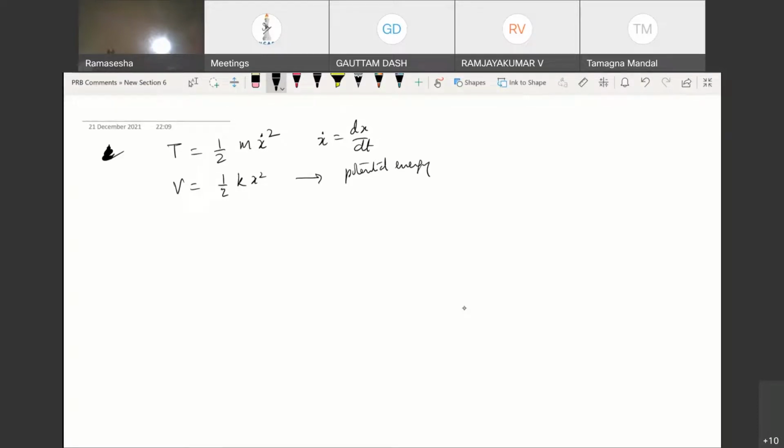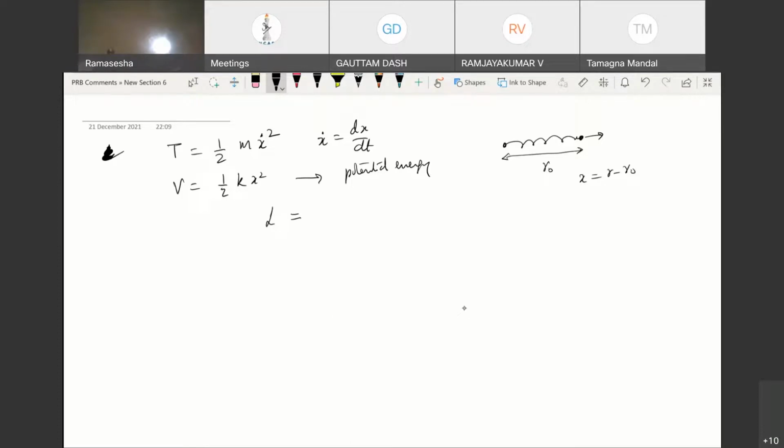So basically, you have a spring and you have an equilibrium distance r naught, and x is equal to r minus r naught.